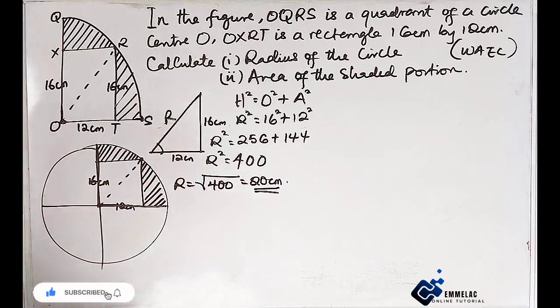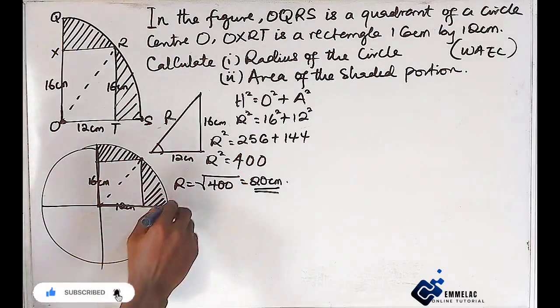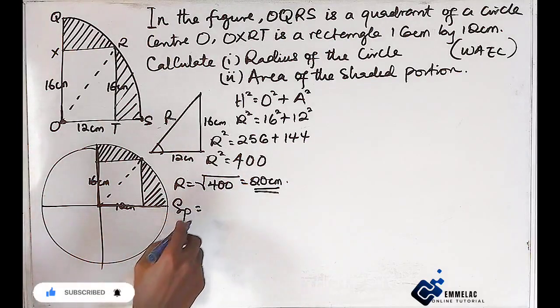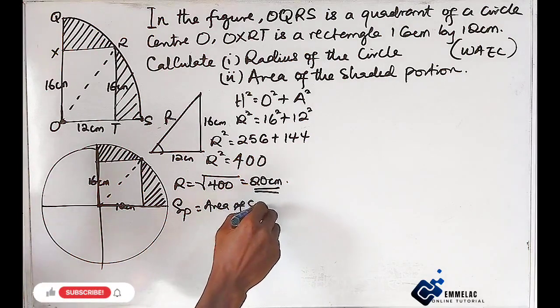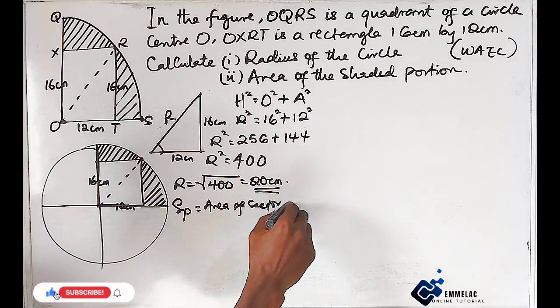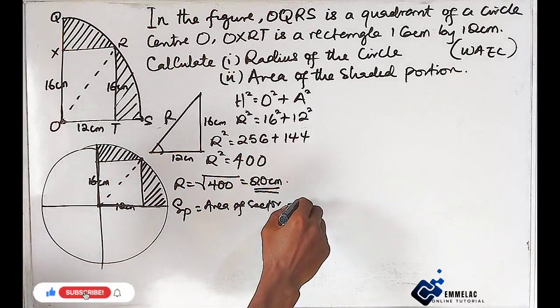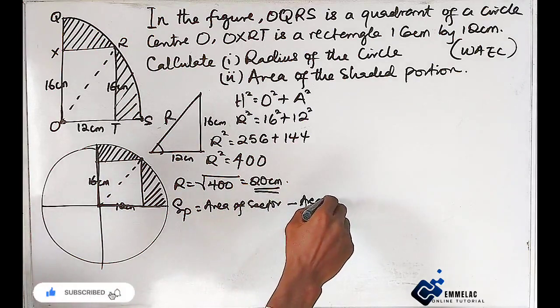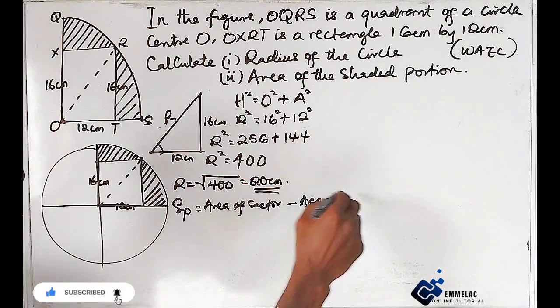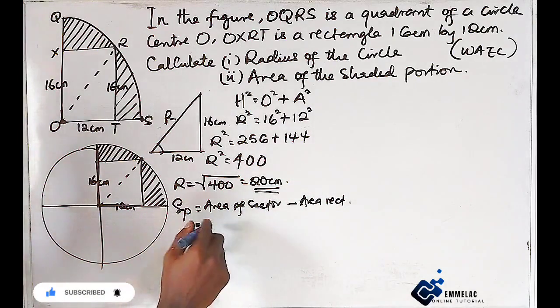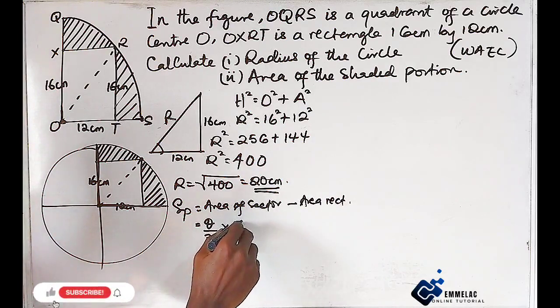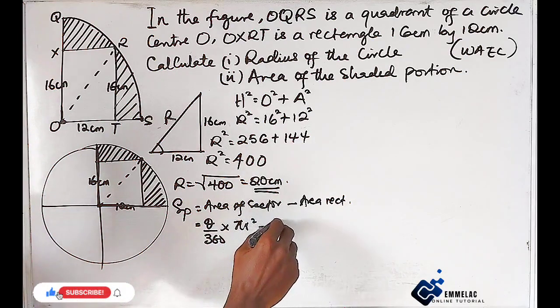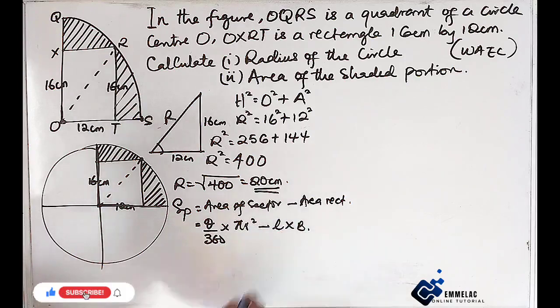Shaded portion is area of sector minus area of rectangle. The area of the sector is theta over 360 times pi r square, then minus length times breadth.